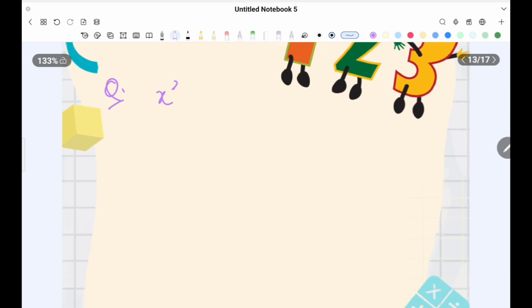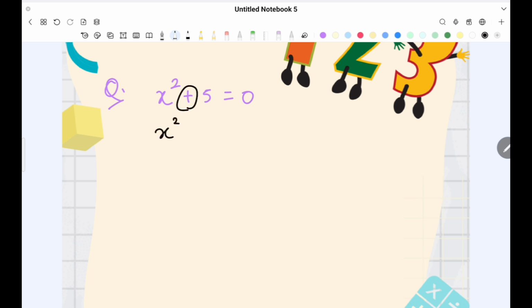x square plus 5 is 0. How will you solve this question now? x square here is plus, we will make it into minus.